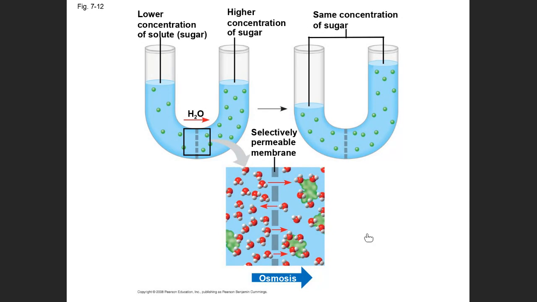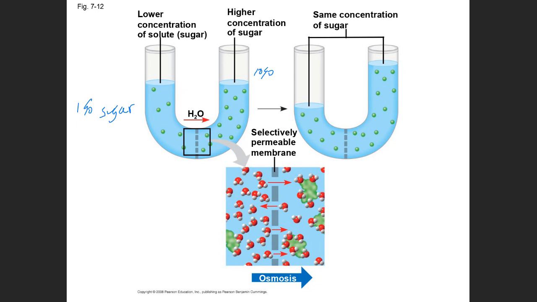Like I said originally, if we have a 1% sugar solution on the left, and then we have a 10% on the right, we have a higher concentration of sugar on the right.